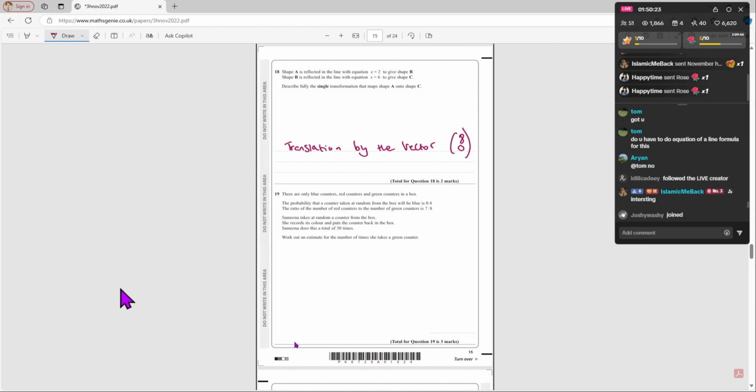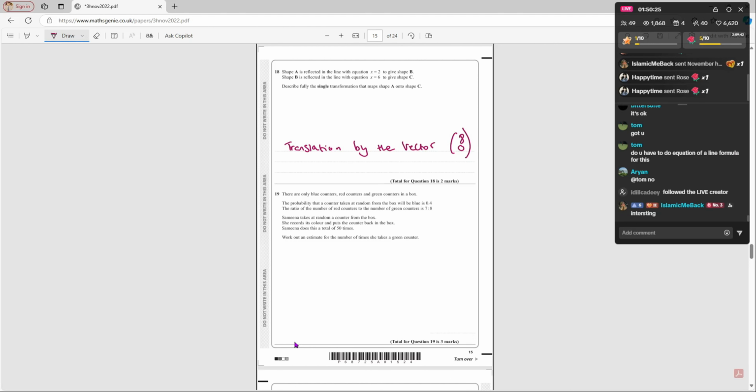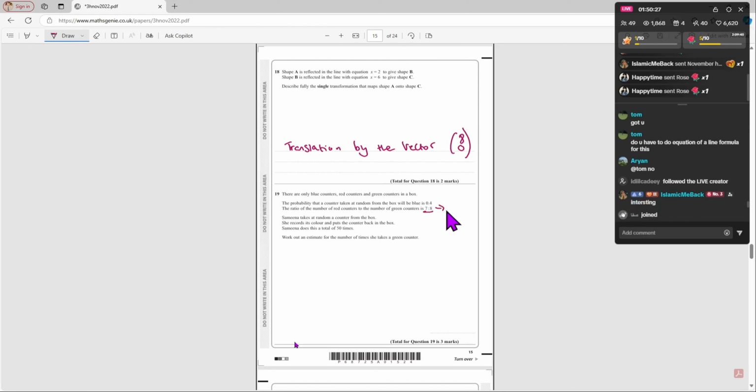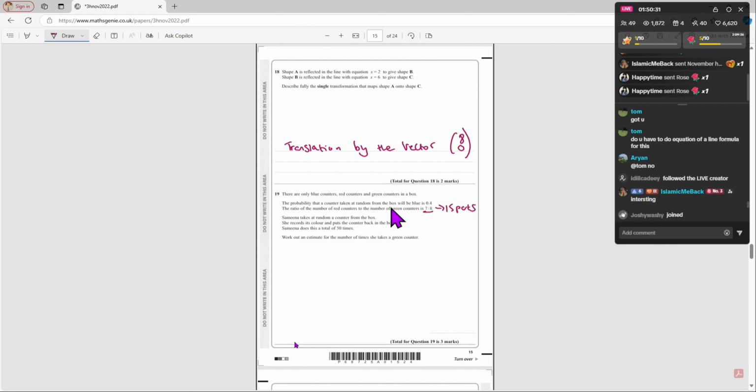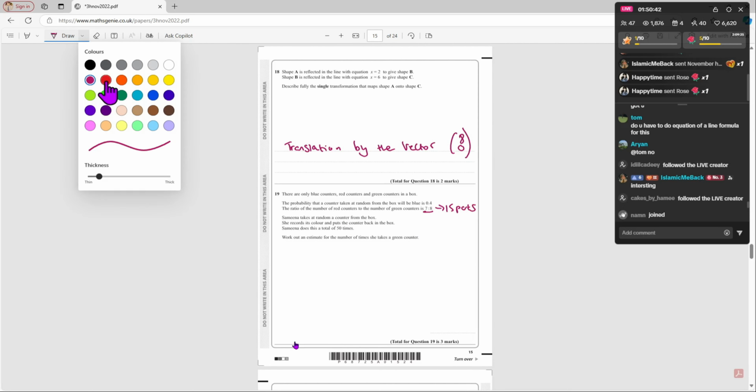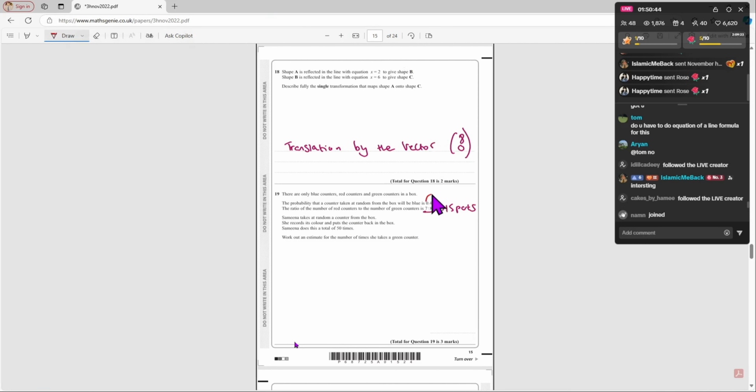So the first thing we do is that we know that this ratio is out of 15 parts. This is the ratio of the number of red counters to the number of green counters. So we know that probabilities add up to 1. We know that the probability of getting a blue counter is 0.4.